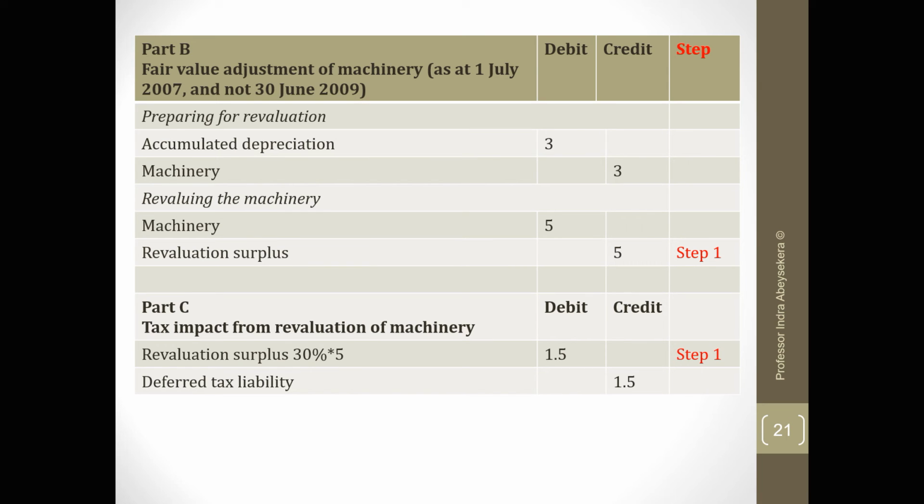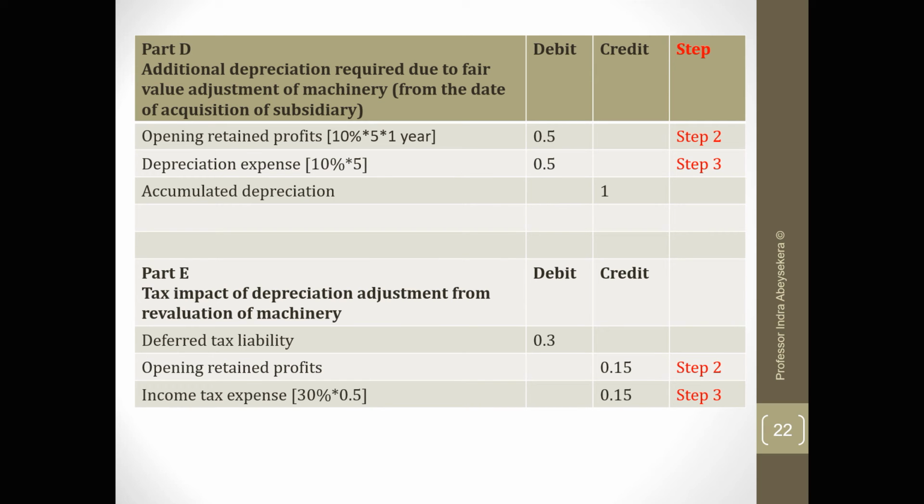Then we are doing the fair value adjustment. For Part B, we record the revaluation and the tax impact of that. And then the revaluation surplus that we have stated here, this relates to step 1. Because we are now preparing financial statements 2 years after, we need to update the depreciation expense, increase it for the current year and the previous year.